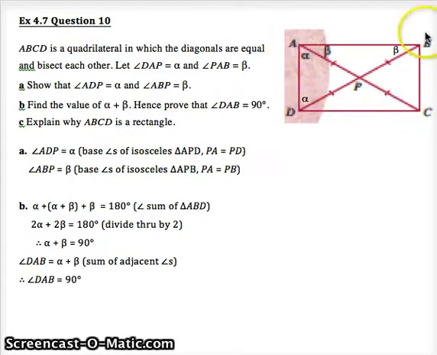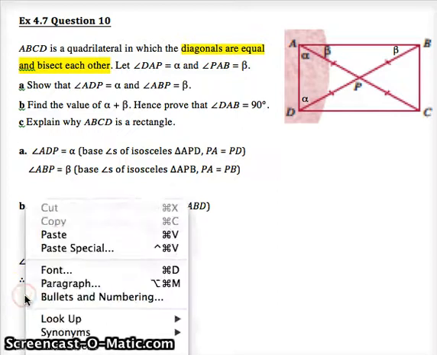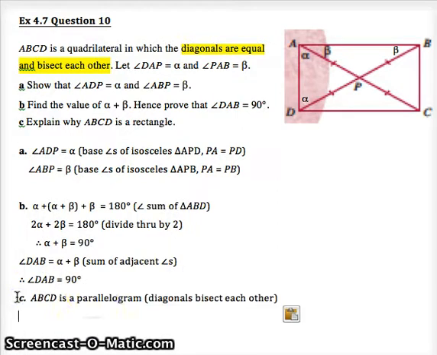We've actually been told that up in the introduction to this question, that the diagonals are equal and bisect each other. So, hence we can say that ABCD is a parallelogram first. So we can say that ABCD is a parallelogram because we've been told that the diagonals bisect each other.